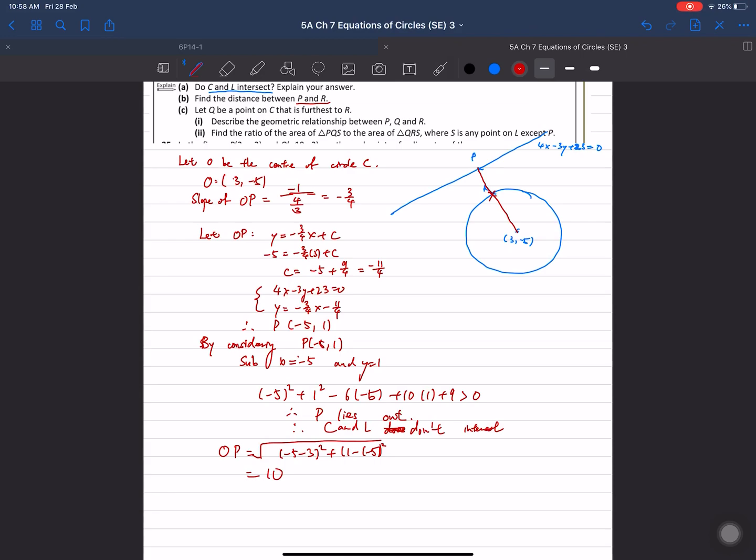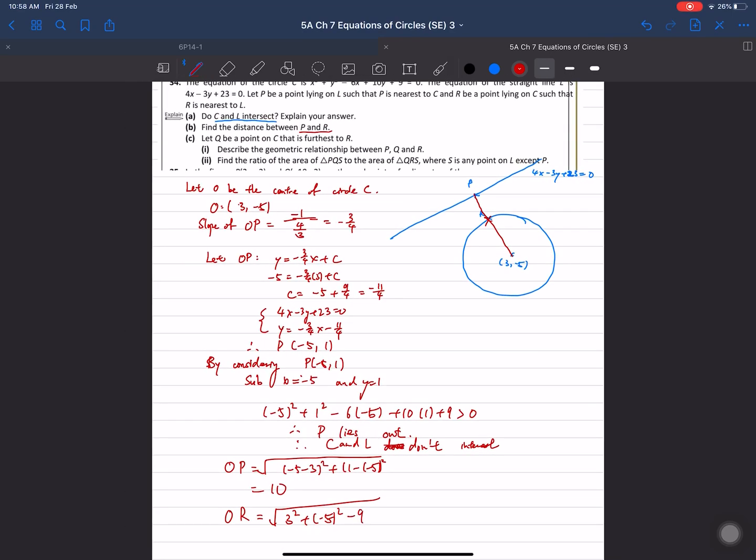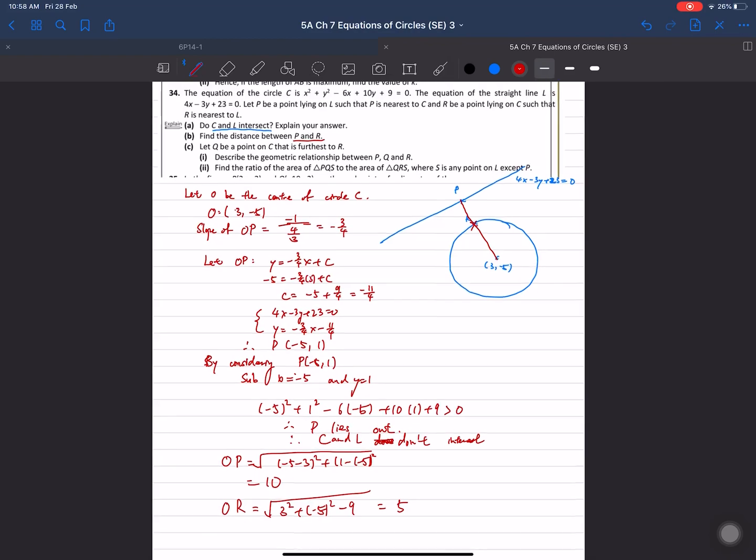And then you can also find OR. OR is equal to, because I know the coordinates of the center, the square root of 3 squared plus (-5) all squared minus 9, so OR is equal to 5.